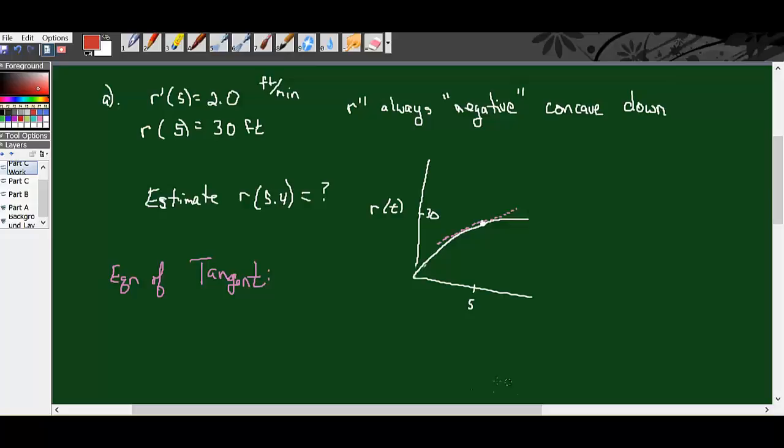Okay, so what they're asking us to do, we don't have any information for R of t. All we know is that it's always concave down, right? Okay, this is part A. It tells us in the problem that when time is 5, the radius is 30 feet.